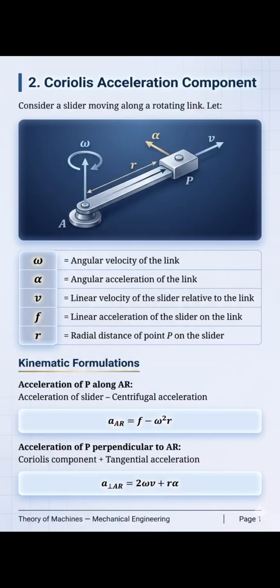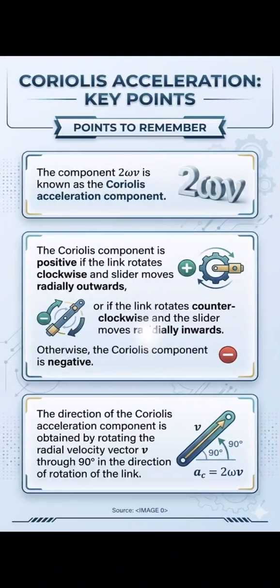Acceleration of P along r is the acceleration of the slider minus the centrifugal acceleration, a_r equal to f minus omega square r. Acceleration of P perpendicular to r is the Coriolis component plus the tangential acceleration, a_perpendicular equal to 2 omega v plus r alpha.